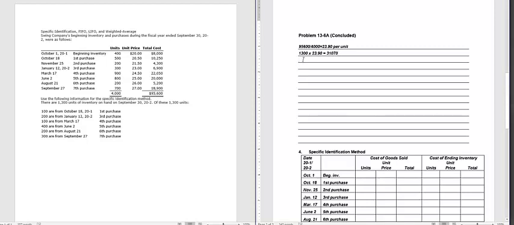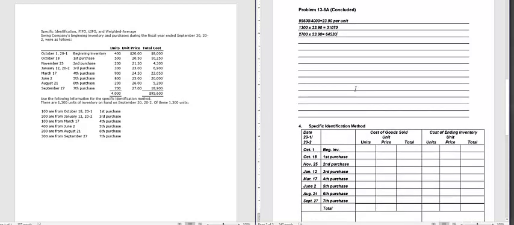I've got 2,700 units that were sold, and each one of those cost $23.90. So my cost of goods sold under weighted average is going to be $64,530. Okay, so weighted average is pretty easy. You just have to remember to take the total cost and divide it by the total units.